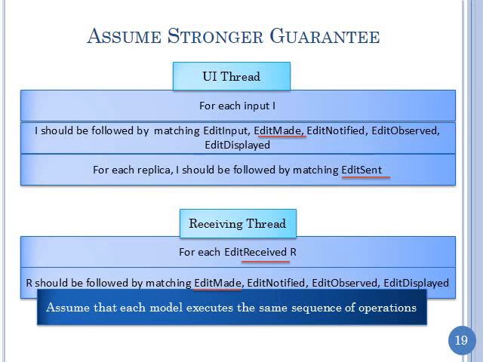Okay, and let's assume by magic that each model executes the same sequence of operations. Can we run into trouble? Still. The models will be consistent. Can we run into some other kind of problem?